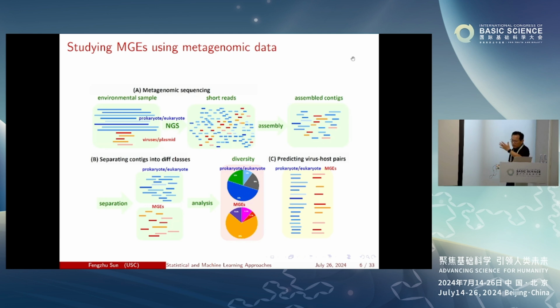They just do random sequencing, and after we do sequencing, what we get are those short reads, about 200 to 400 base pair long. So we don't know where they are from, and we don't know their characteristics. All we know are the ACGT of those base pairs, and those are the data we have.